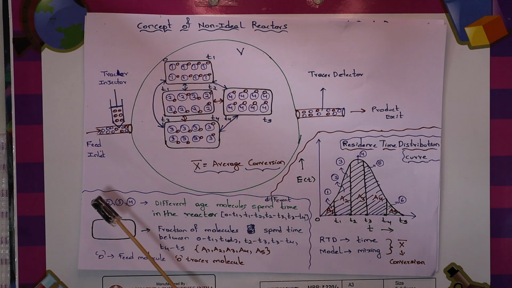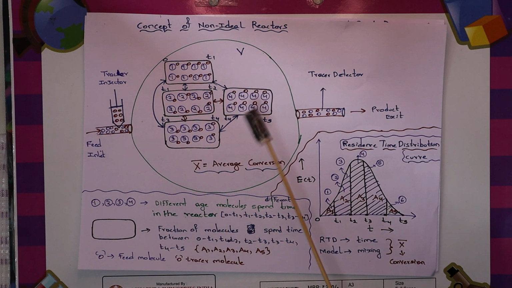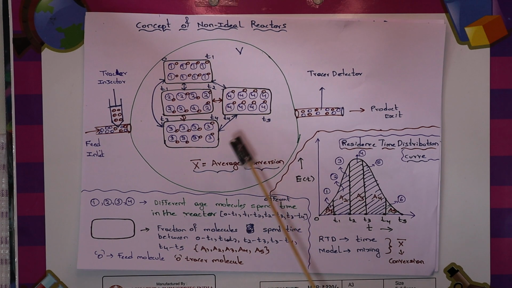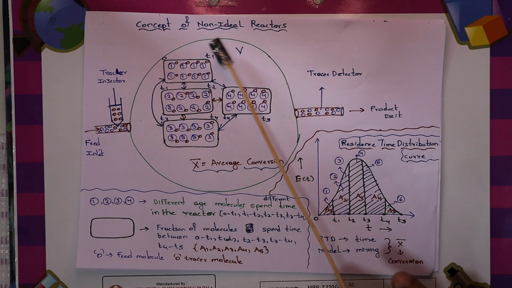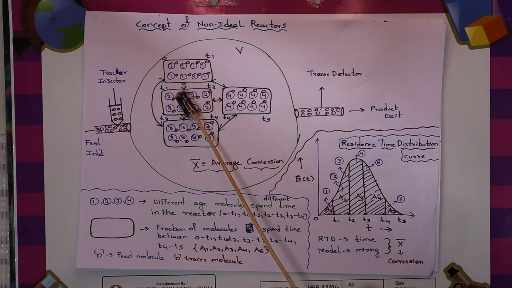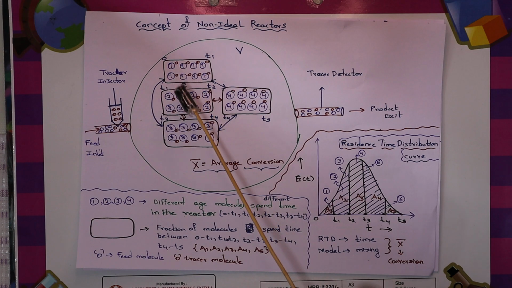So how to detect? Imagine the conversion. If every set of molecules is spending a different amount of time in the reactor, the conversion from this completely non-ideal reactor comes from different fractions. That means there is some average conversion in this particular reactor which comes from different sets of molecules.